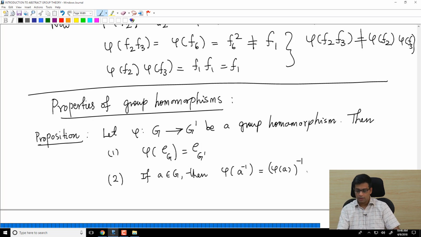Just read this carefully. I first take the inverse, then take phi, or I first take the image and then take the inverse, I get the same answer. So inverse and then phi is the same as first phi and then the inverse. So these are the properties of group homomorphisms.